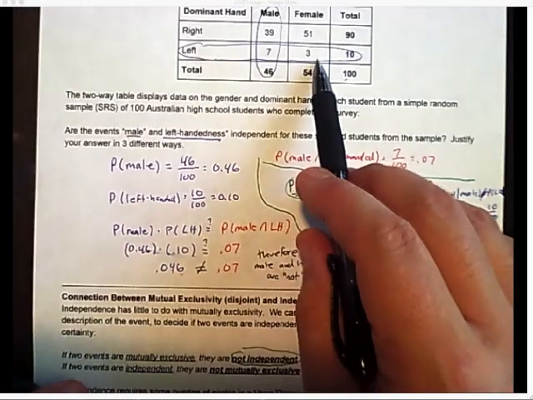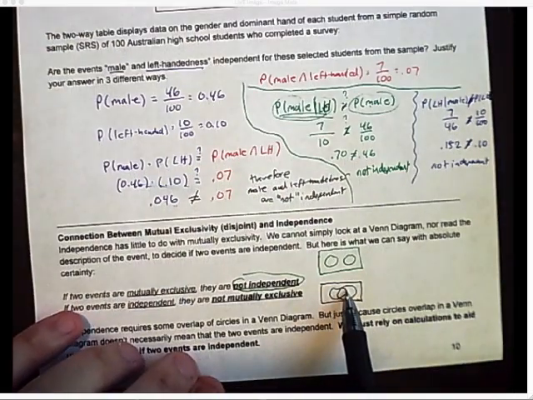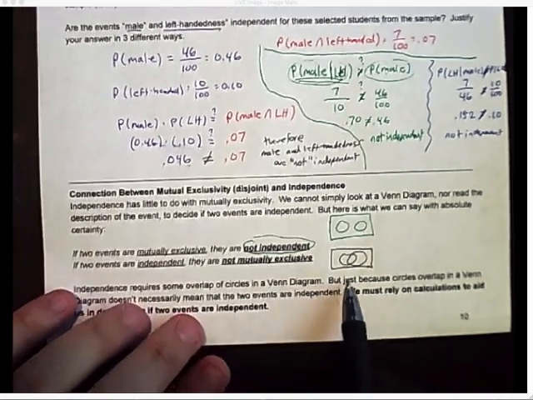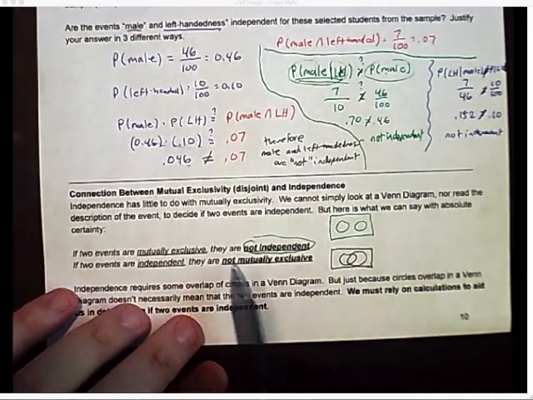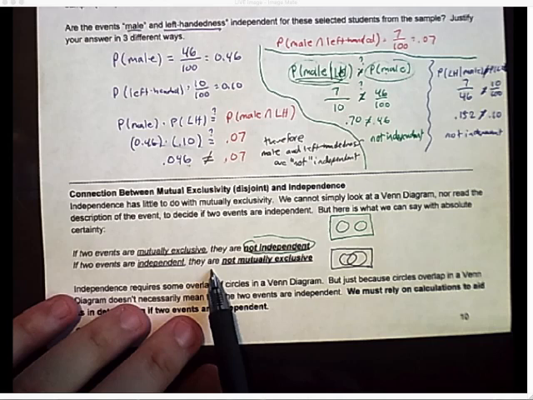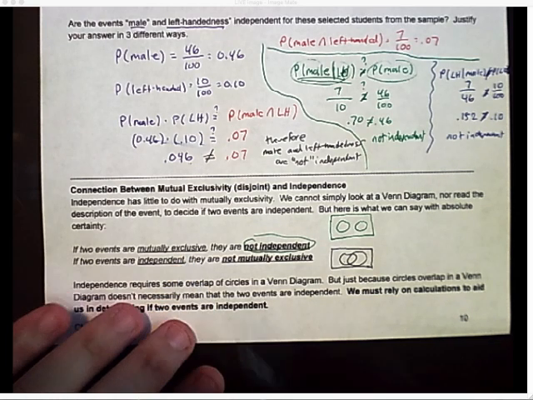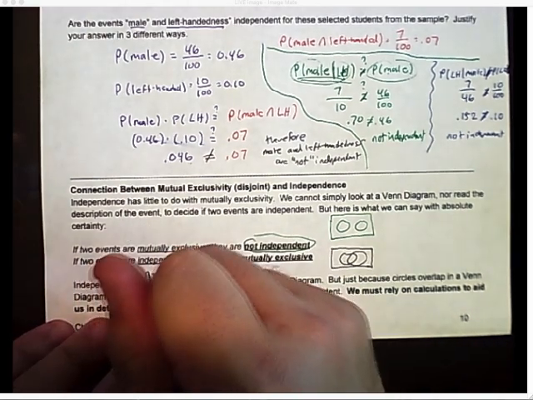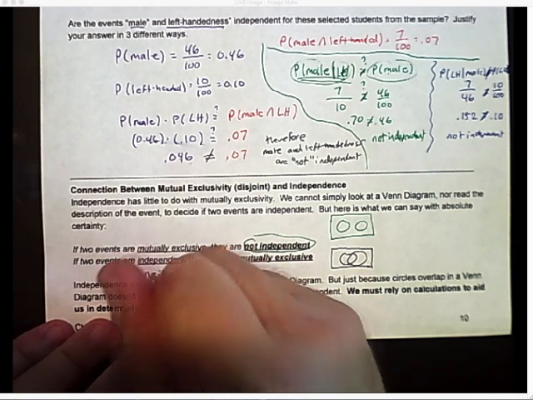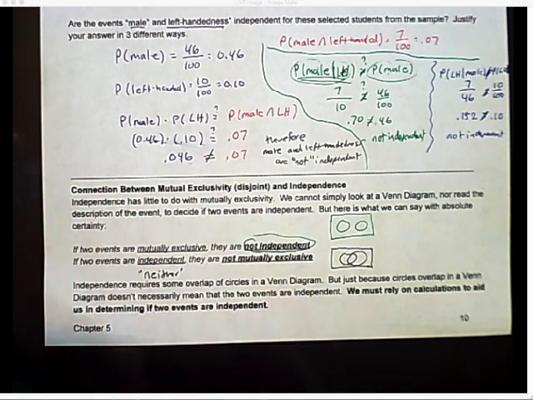Like here, if we did a Venn diagram for this one, there would be overlap. So it's not guaranteed that they're going to be independent. I just know they can't be both. 2 events cannot at the same time be mutually exclusive and independent. They're either one or the other, but most times they're actually neither.